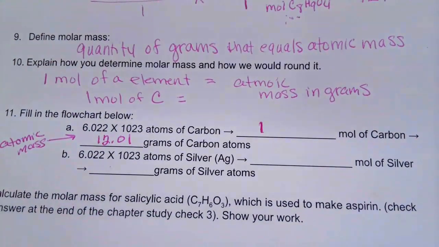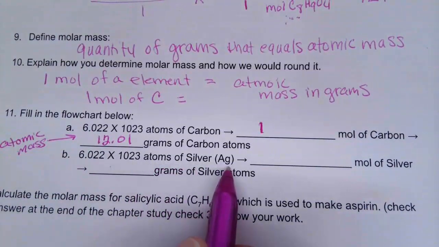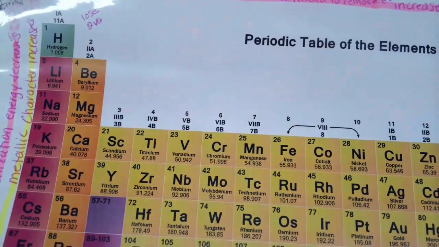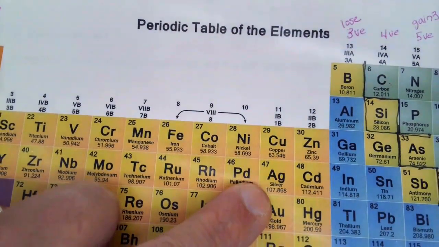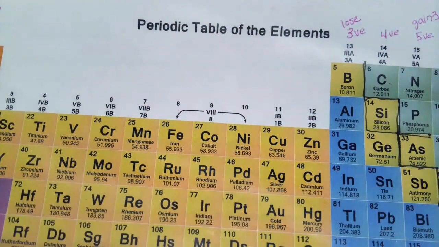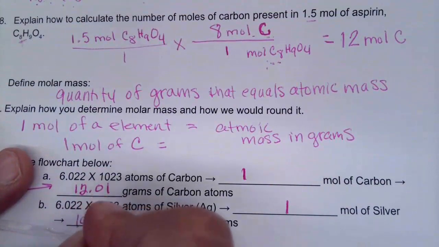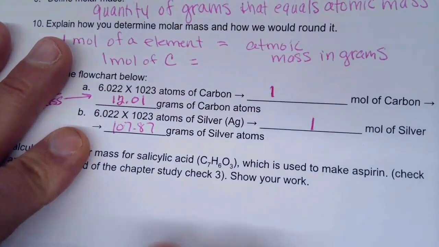So if you look at silver, 6.022 times 10 to the 23rd atoms of silver is 1 mole of silver. Look at your periodic table then. 1 mole of silver, let's see, where's silver on here? Right here. 1 mole of silver has 107.87 grams of silver atoms.